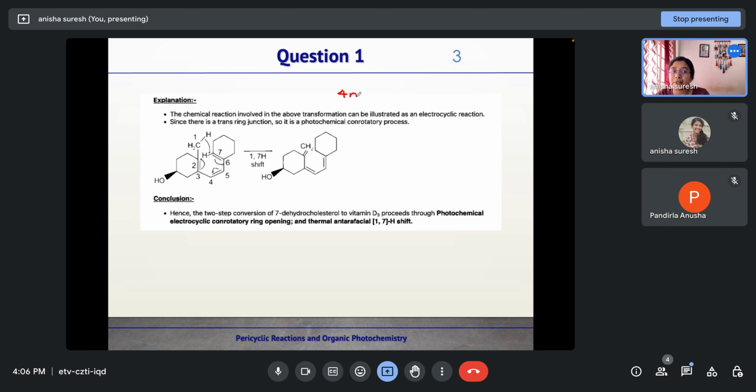So 4n plus 2 photochemical is conrotatory according to Woodward-Hoffmann rules, and it follows a thermal antarafacial 1,7 hydrogen shift. So the right option will be option 2, where a photochemical electrocyclic conrotatory ring opening will take place, followed by a thermal antarafacial 1,7 hydrogen shift. Is it clear?